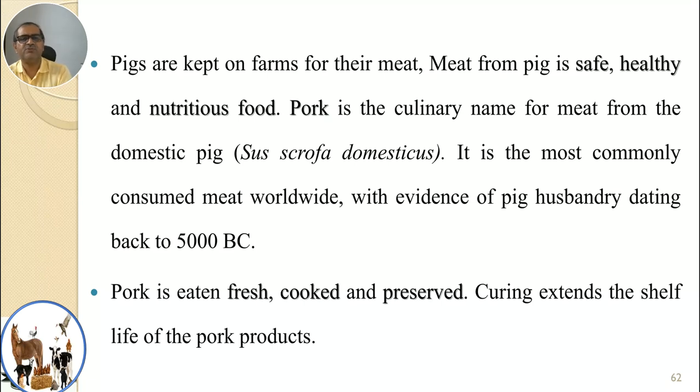Then pigs are kept on farms for their meat purpose only. There is no other purpose like the cattle, which are sometimes reared for milk and meat, and sometimes only for the meat purpose. Whereas the pigs are only reared for their meat purpose. So meat from the pig is, of course, cheap, safe, healthy, and nutritious.